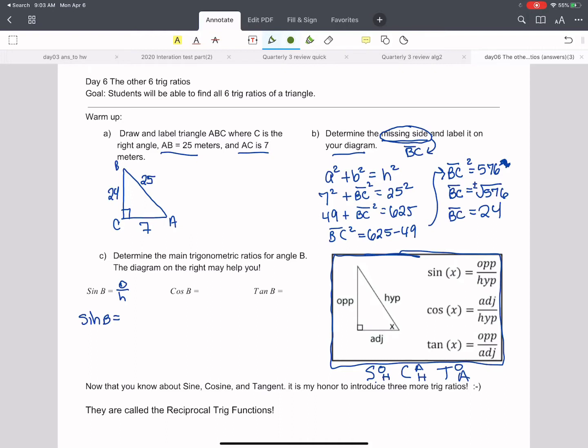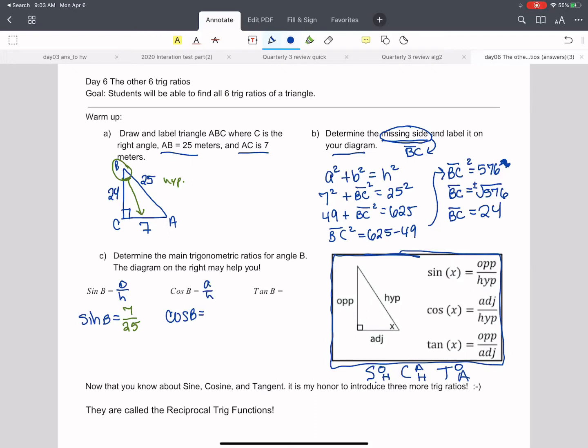The opposite of B, here's B. That's your angle. The opposite of B is 7. The hypotenuse is 25. All right. So now the cosine of B is adjacent over hypotenuse.